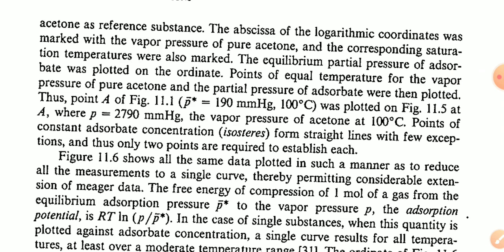Now in figure 11.5 we saw the graphical system. At P equal to 2790 mmHg pressure, and the vapor pressure of the acetone at 100 degrees Celsius, points of constant adsorbate concentration fall on a straight line, and thus only 2 points are required to establish each line.